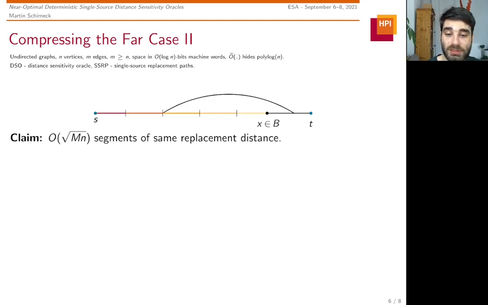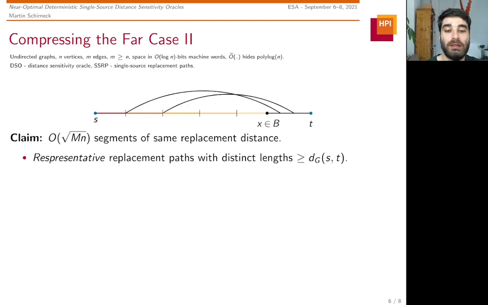And first, it is easy to see that the edges in one segment all share some replacement path. Or put it the other way around, the reason why all edges in one segment have the same replacement distance is the same replacement path. We call this a representative replacement path.